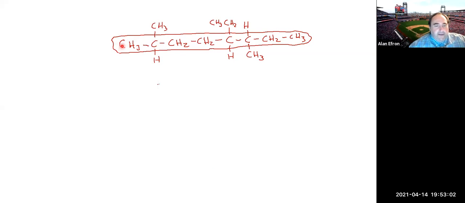But if we go 1, 2, and up is 3, that's not going to work. 1, 2, 3, 4, 5, and then up, 6 and 7, that's still less. We could go 1, 2, 3, 4, 5, 6, and 7. That's short.